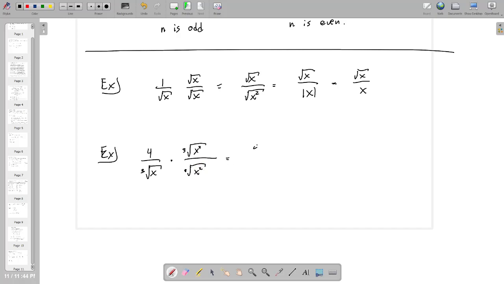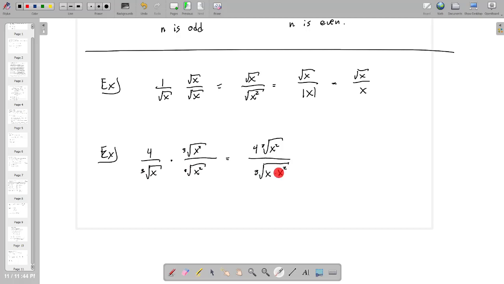So we end up with 4 times the cube root of x squared, and in the denominator, we end up with the cube root of x times x squared. This comes from one of the properties where if you have a multiplication of two numbers with the same index, then you can include them in the same indexed radical.